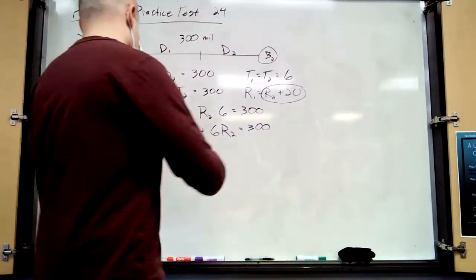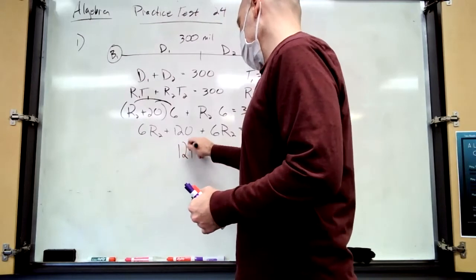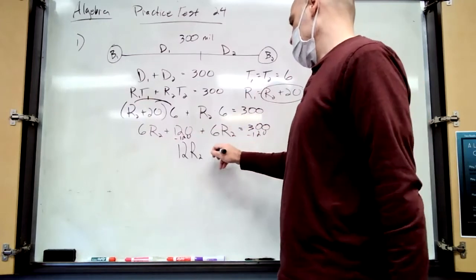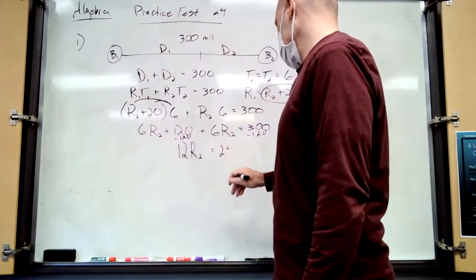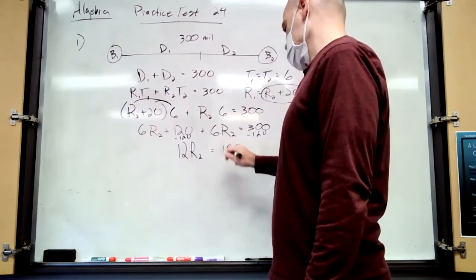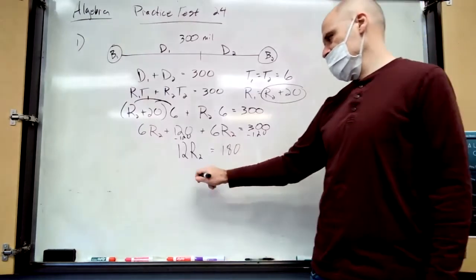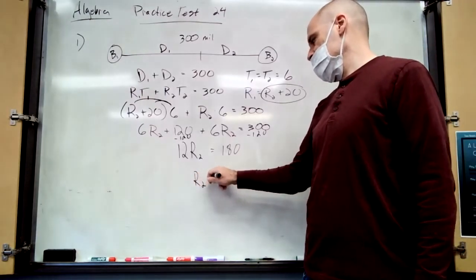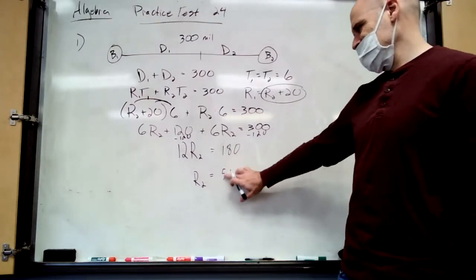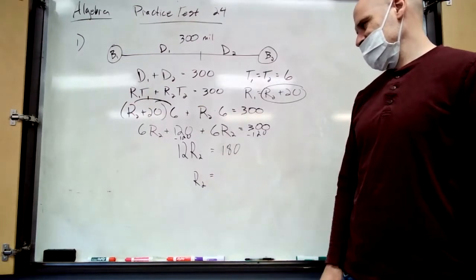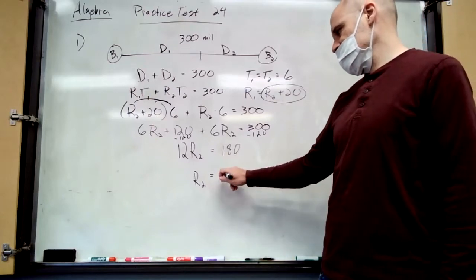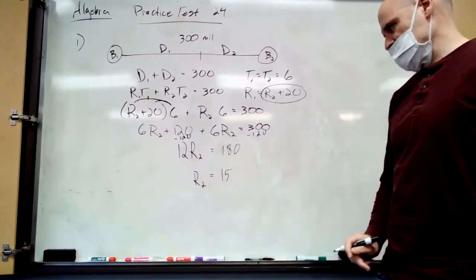So 12R2, combine like terms, get rid of 120, equals, what is that? 300 minus 120, so that's 180. Okay, divide by 12, I think that's 5. No. What is it? So, yeah, 15, right? Okay.